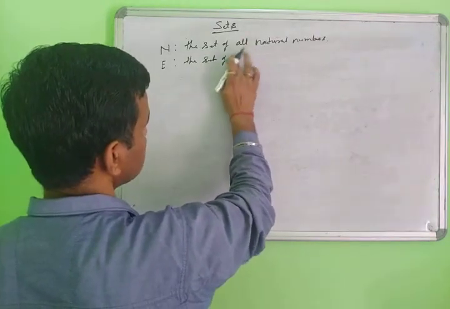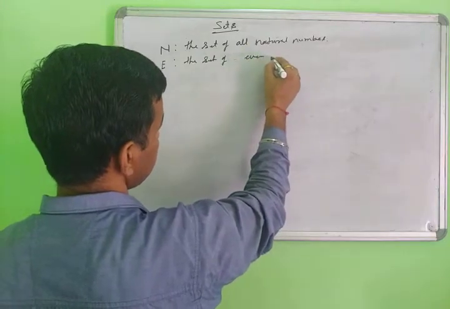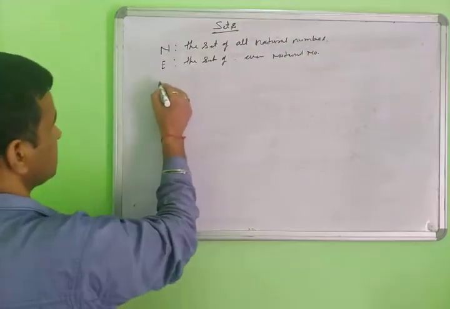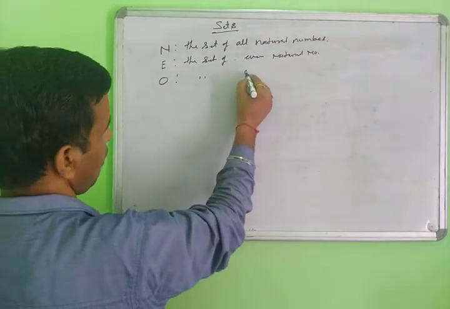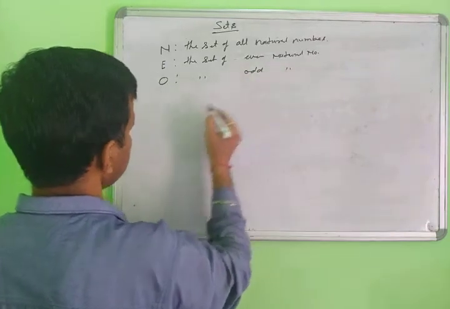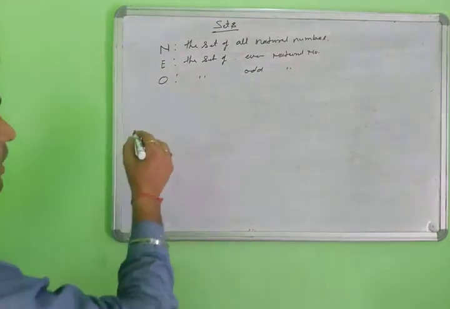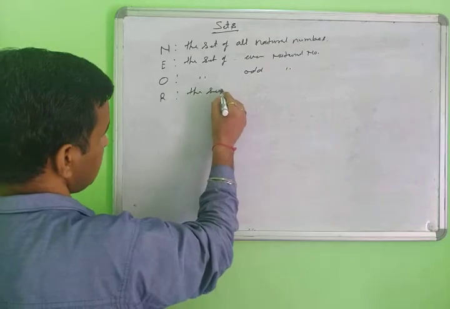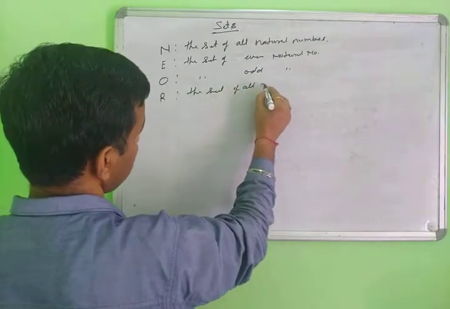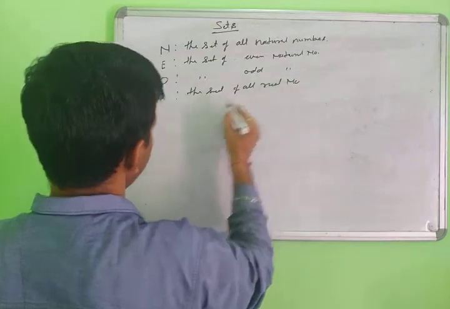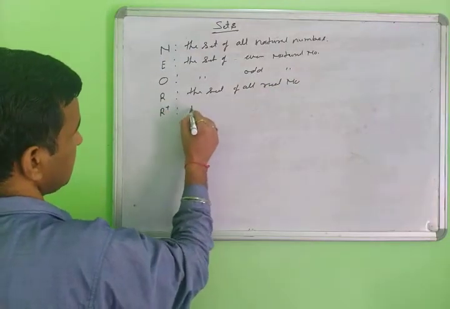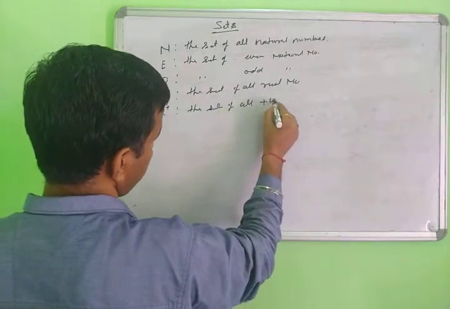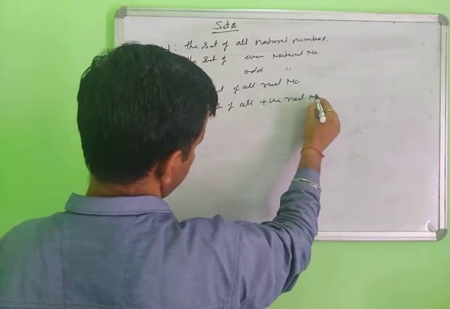All even natural numbers. Similarly, O, the set of all odd natural numbers. Next, here R represents the set of all real numbers. Similarly, here R plus the set of all positive real numbers.